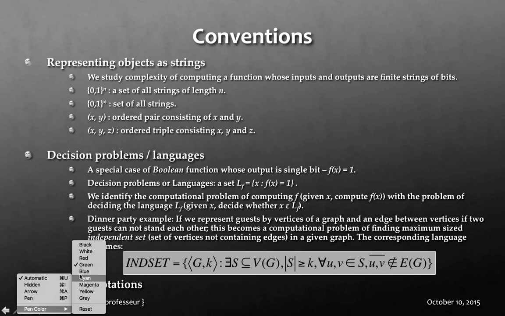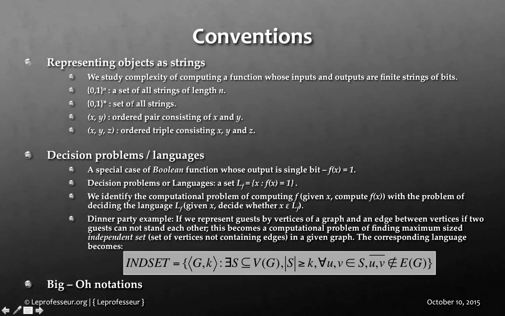Here we study the complexity of computing a function. Always remember, we talk in terms of functions when we are dealing with the theory. A function f takes certain input and produces certain output. So x is a finite string of bits, 0, 1, 0.